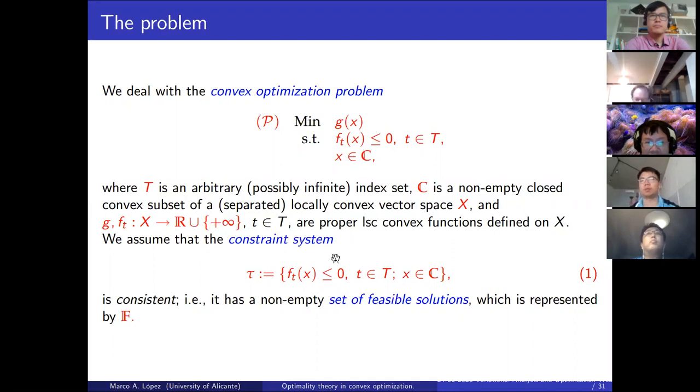The constraint system will be denoted by sigma, the set of explicit constraints together with the abstract constraint. And we are assuming all the time that the system is consistent. In other words, the set of feasible solutions is non-empty. The set of feasible solutions is represented by capital F, the initial letter of feasible. Okay?